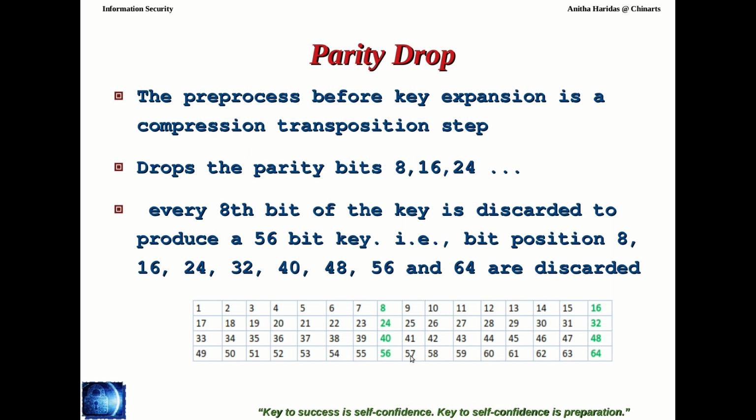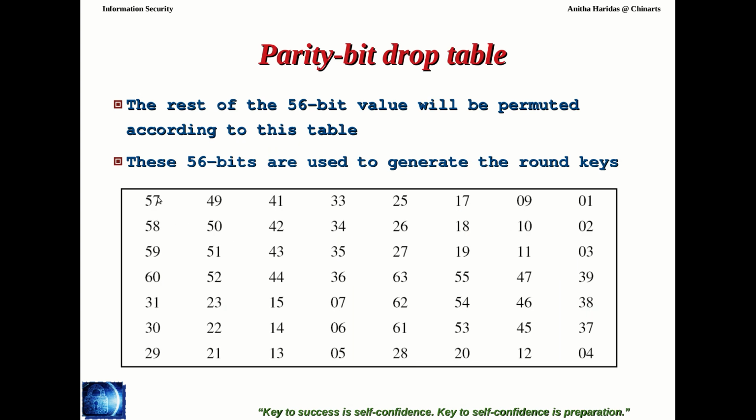So the 57th bit of the 64 bits will be the first bit. Then the 49th bit will be the second bit. The 41st bit will be the third bit. The 33rd bit will be the fourth bit, and so on. Right?